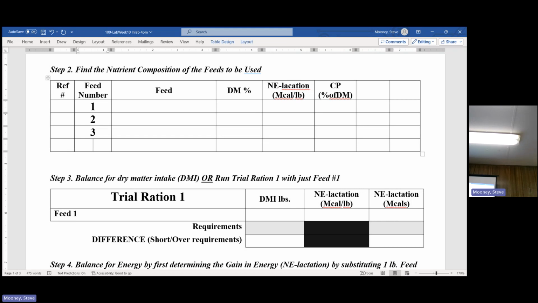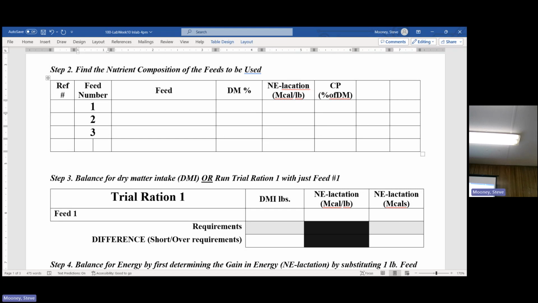So what do we know about our first feed from an energy and protein standpoint? Low, low, and we're looking at usually a forage. What do we describe our feed 2 as? High in energy, low in protein, and that makes it a concentrate, but specifically an energy feed.